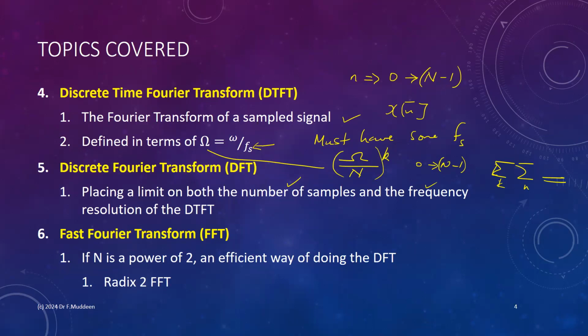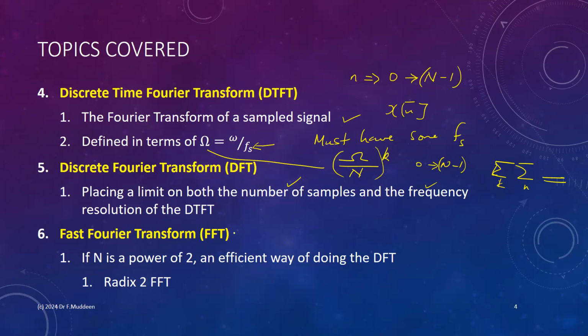We could write a program, two summations are like two nested for loops, and you do that, and you're now able to take a signal, sample it correctly, and then do a Fourier transform on it and see what the spectrum looks like. And then we saw that they could speed it up even more. If N was a power of 2, then there was an even more efficient way of doing this.